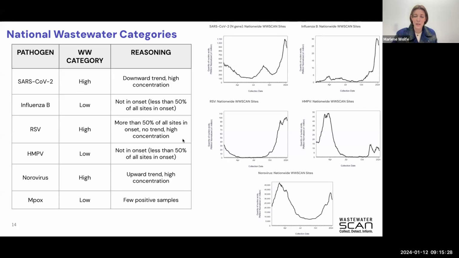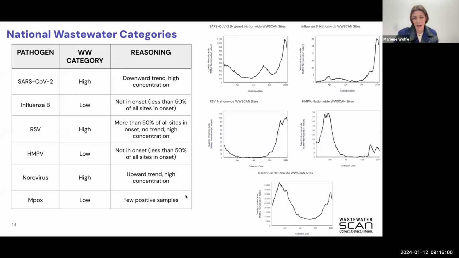Less than 50% of the sites around the country have seen that onset of influenza B. That being said, the concentrations are much, much higher than they were during the summer period when we have very little influenza B activity. There also appears to be a little bit of a dip recently, but the influenza B concentrations have gone up significantly in the past couple of months. So hopefully those will start coming back down.